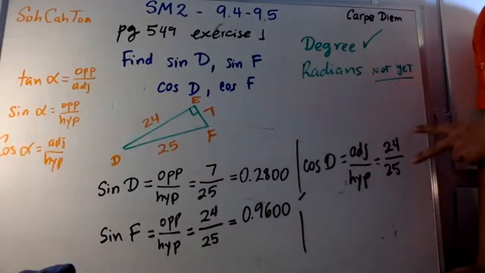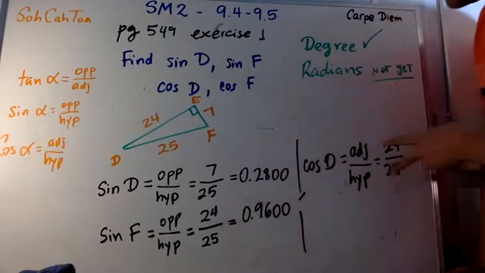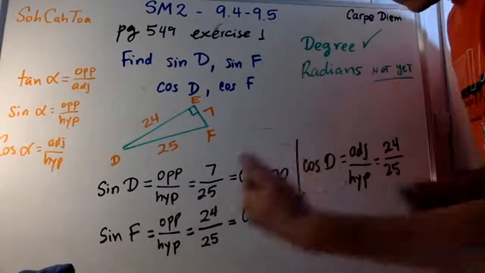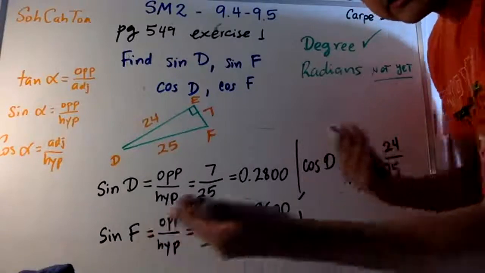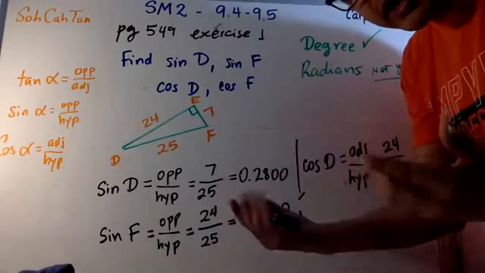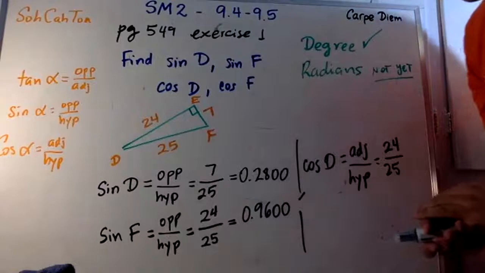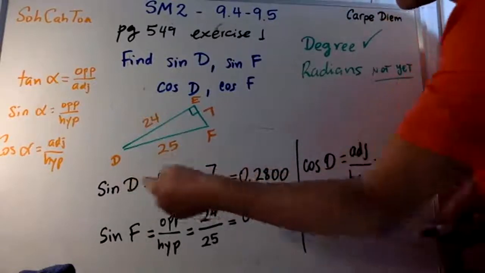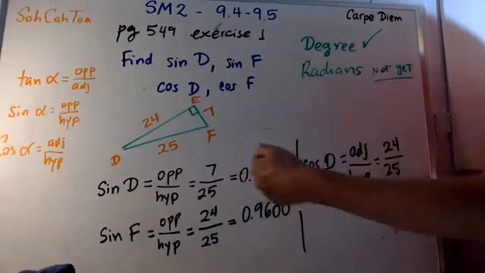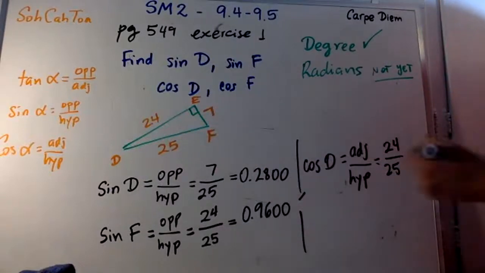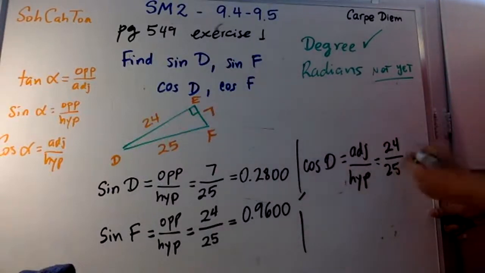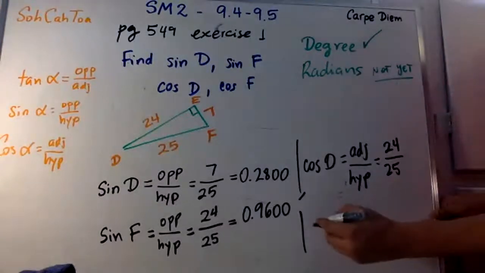Look at this. It's like they have some kind of connection. The sine of one angle is the same as the cosine of the other angle. So sine of d is going to be equal to the cosine of f. Interesting things. I'm not going to write the decimal because I have no more space here, but it's 0.96.